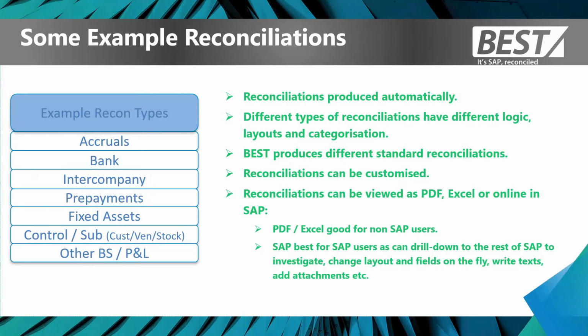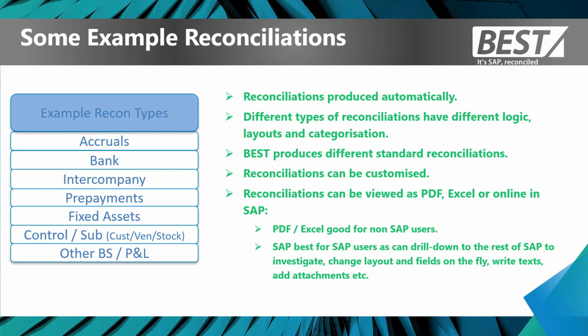Okay, so let me show you some example reconciliations. On the left is our table that we looked at before of example reconciliation types that the accountants are doing during the month end, and I'll show you some of those. The point being that all these reconciliations are produced automatically by SAP now. Each type of reconciliation will have different logic, layouts, and categorization.